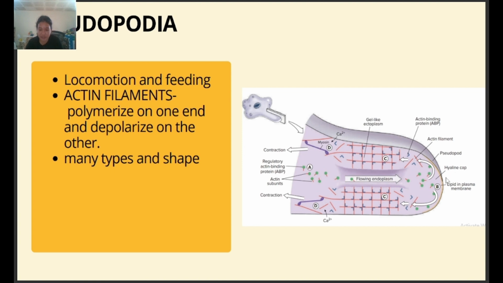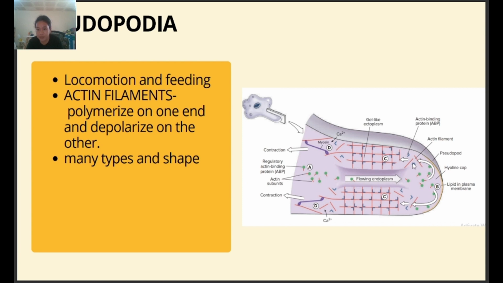So this one carries the organism toward its direction, the tip. The endoplasm will flow into the extension. And while it flows, it carries actin filaments along with the flowing endoplasm.